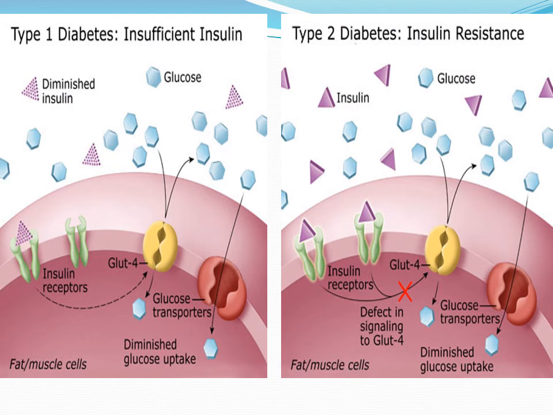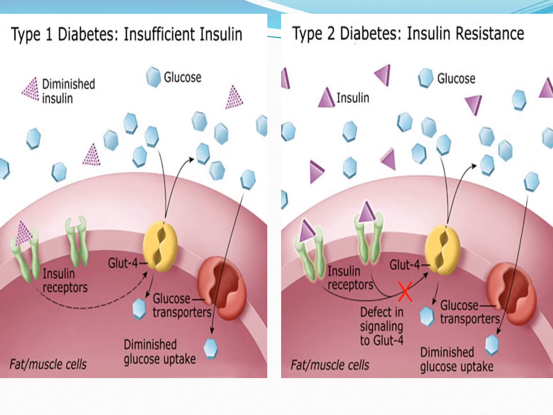The difference between type 1 diabetes and type 2 diabetes. In type 1 diabetes, there is insufficient insulin produced by beta cells, so insulin is not available to act and remove glucose from the blood to the tissues.